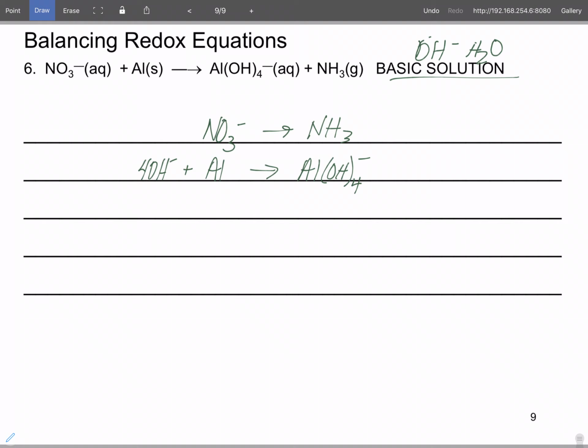Now the only trick is that means it's 4 minus over here and 1 minus over here. So that means we need to add 3 electrons into this species. All right. Now, so that means that this one's oxidized, which means this one has to be reduced. And then that's going to be really important because that means that I'm going to add my electrons as my reactant.